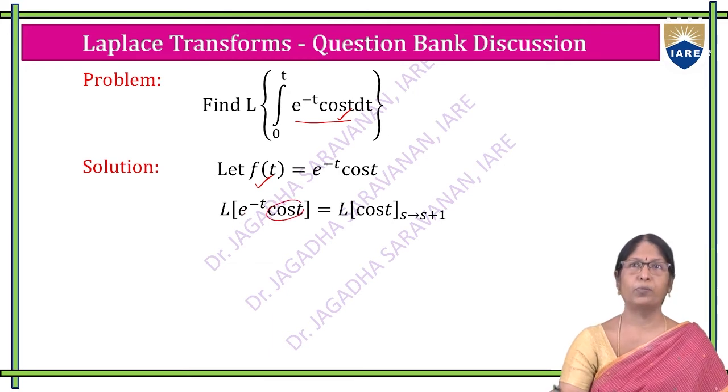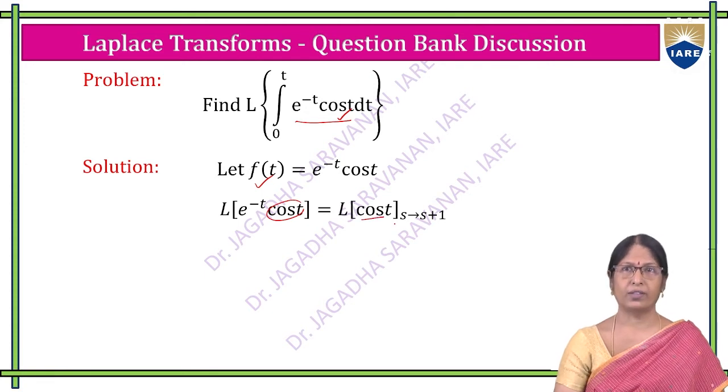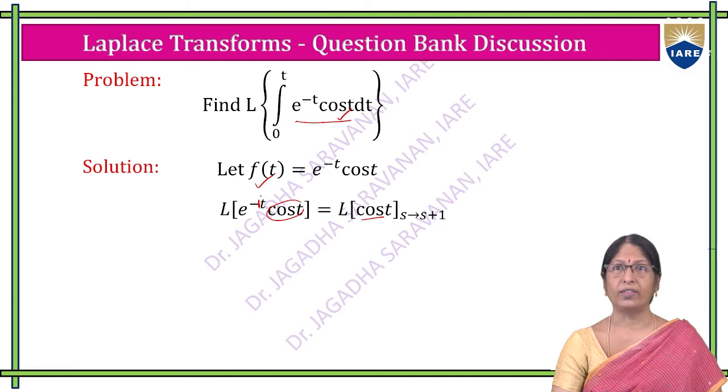This is multiplied by e power minus at. Immediately it should ring in our mind, we have to move towards the first shifting theorem. That is, we have written cos t. Here, in this particular place, our a, the t coefficient, is minus 1.